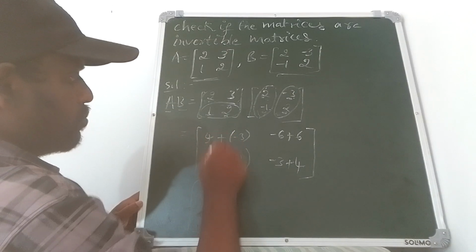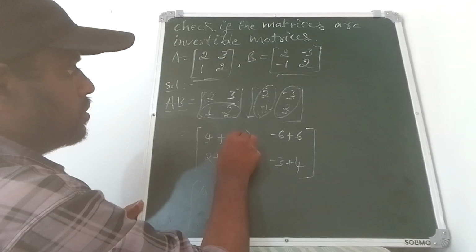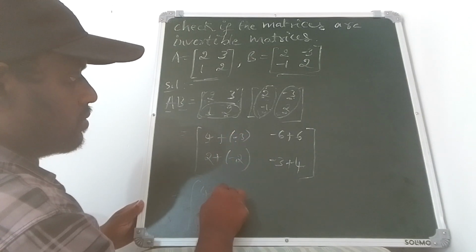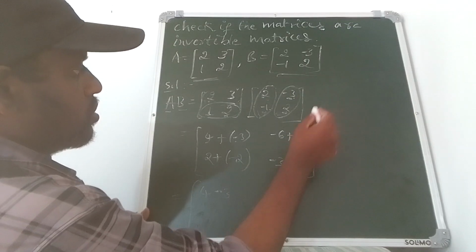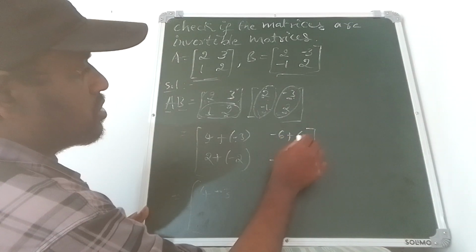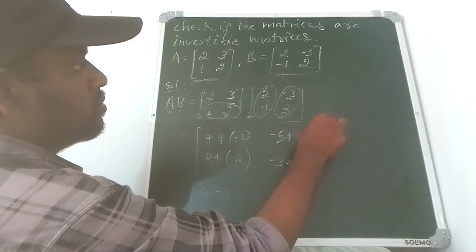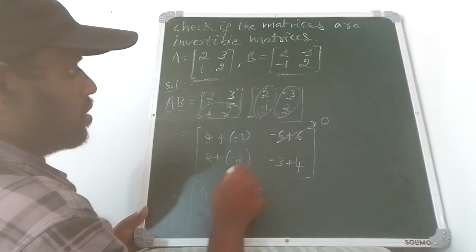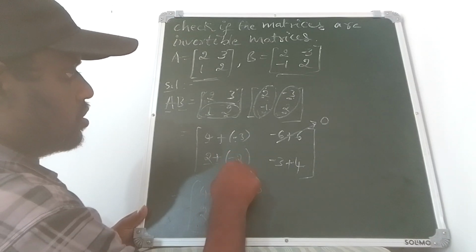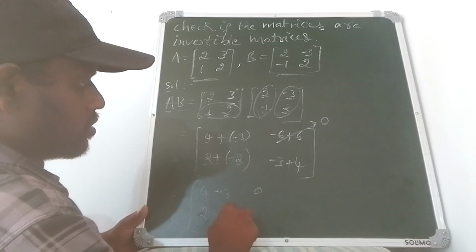Write 4 plus into this minus 3 will be as it is. Okay. Next, minus 6 plus 6 it will become 0. Next this 2 as it is, plus into minus this 2 will be as it is.